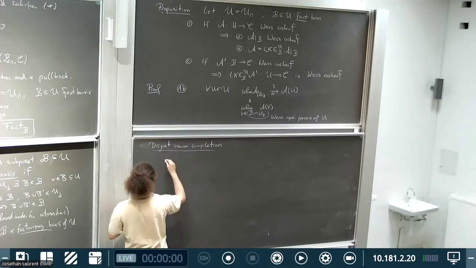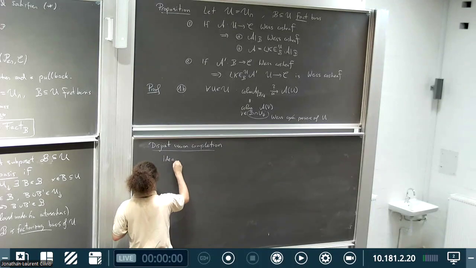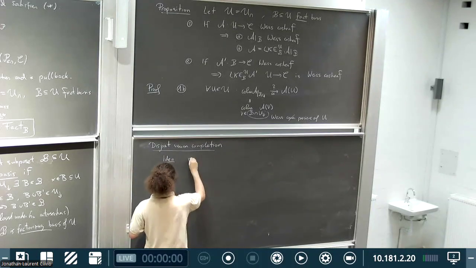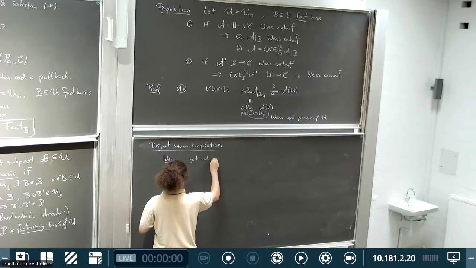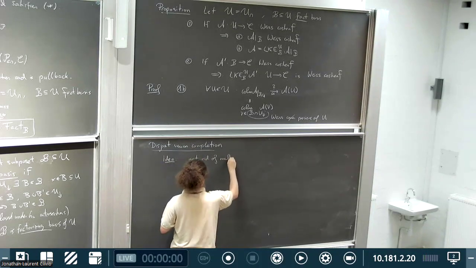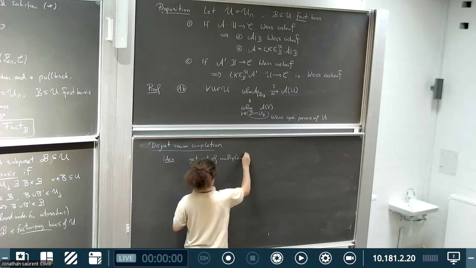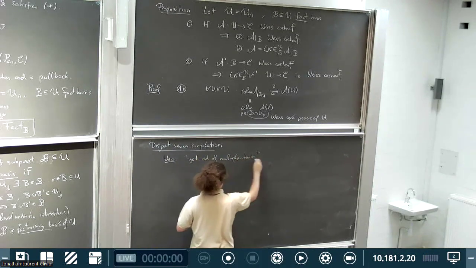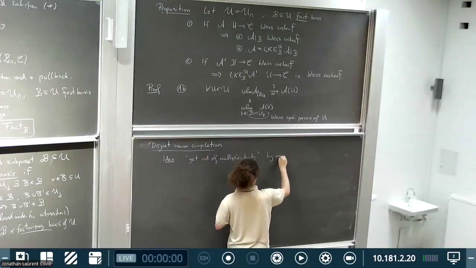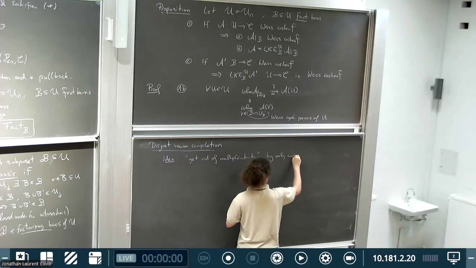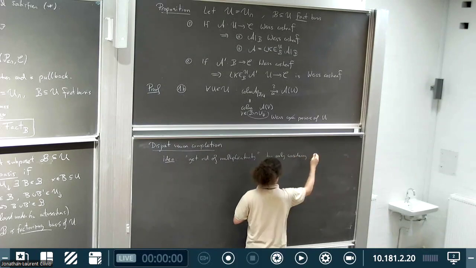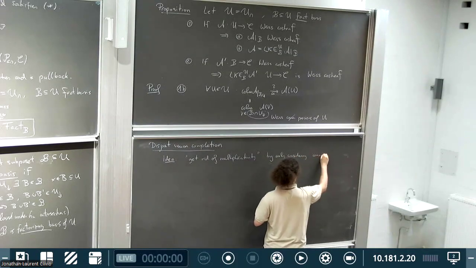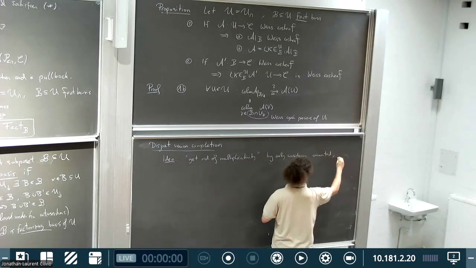So basically the idea is we can somehow get rid of multiplicativity by only considering connected opens, let's say.